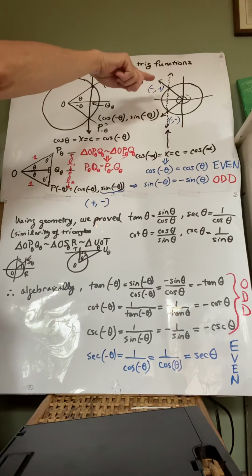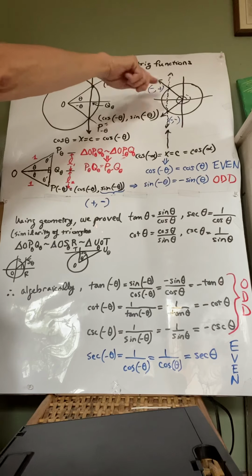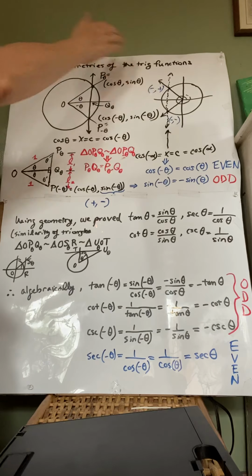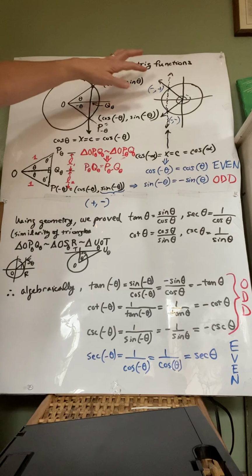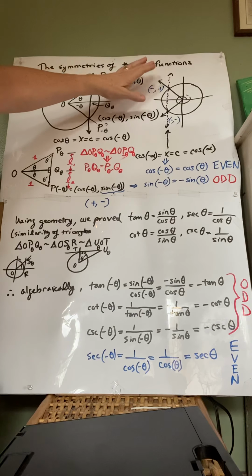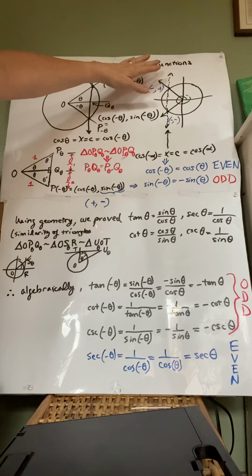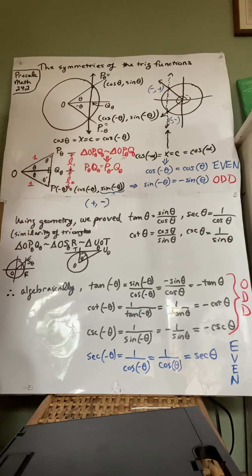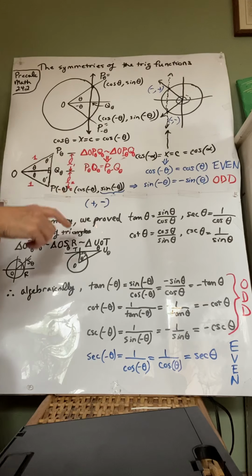Regardless, its opposite, which is going to be symmetrically winding around but in the opposite direction, is going to land, if P sub theta is in quadrant 3, P sub opposite of theta will be in quadrant 2, just by the symmetry of those angles being the same magnitude but in opposite direction. And therefore you can see they're going to be on the same vertical line, x equal to some constant.